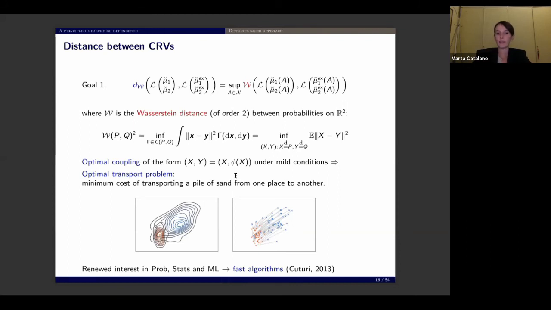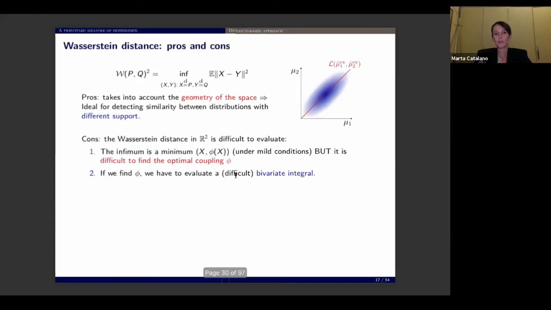But of course, in our setting, this doesn't have much importance because we said that we want to perform an analytical evaluation of the Wasserstein distance, possibly in terms of the hyperparameters of the BNP models. So we chose the Wasserstein distance instead because it gives a lot of importance to the underlying geometry of the space. And this makes it ideal to compare distributions that have different support, which is indeed our case, right? Because we said that exchangeability degenerates on the diagonal.